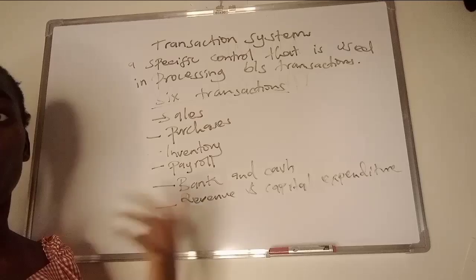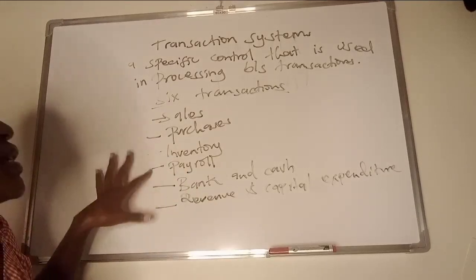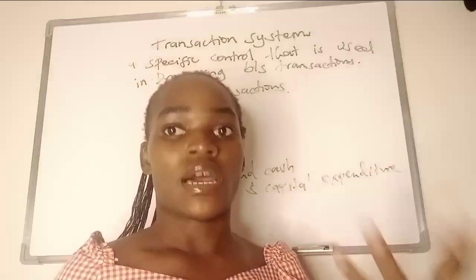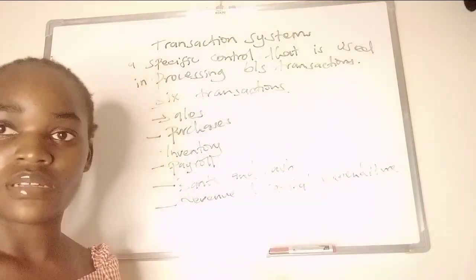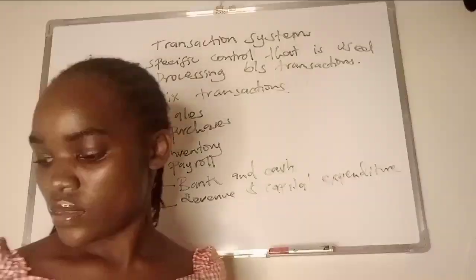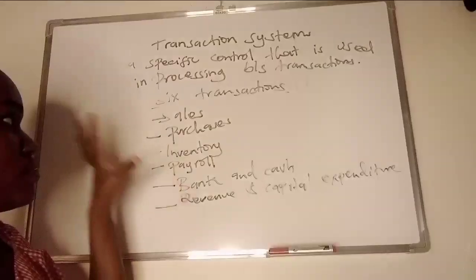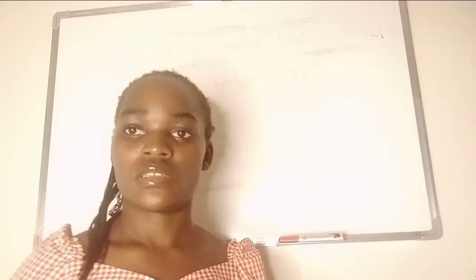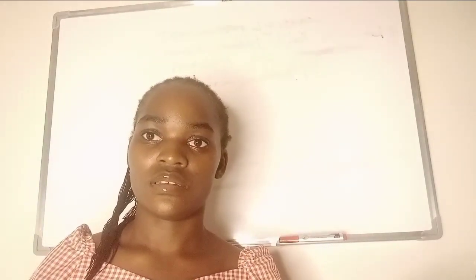We shall handle them one by one, and we are going to start with sales, go to purchases, inventory and all that. So in this video we are going to handle sales, the sales transactions or the sales system. For the sales system, we all know selling: you exchange goods for money.